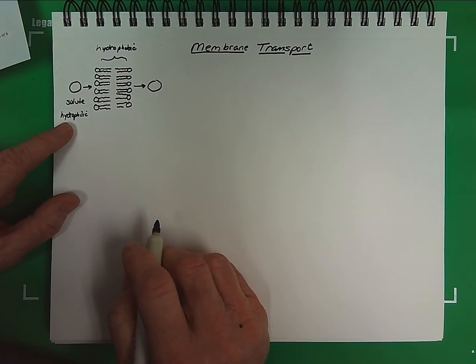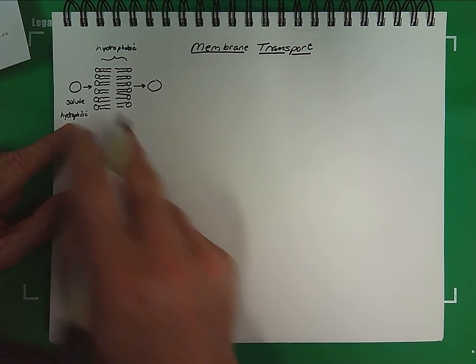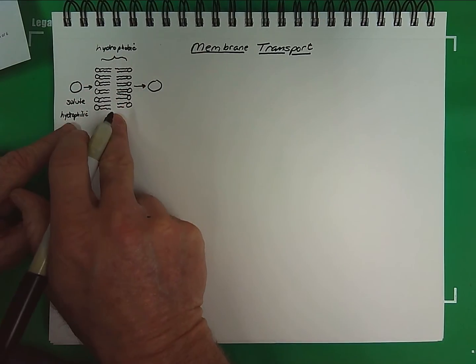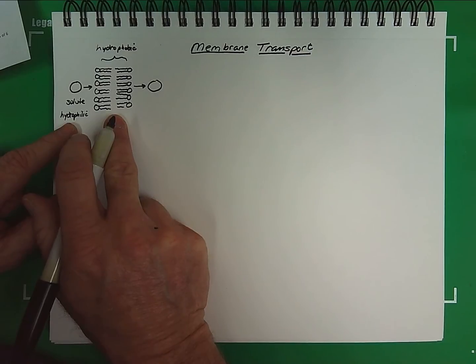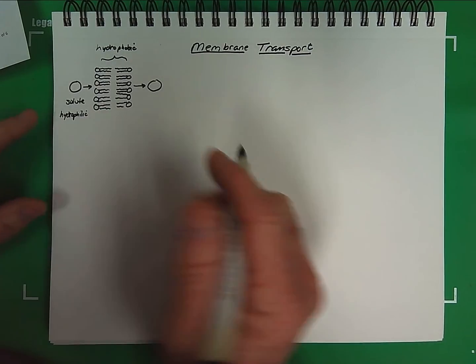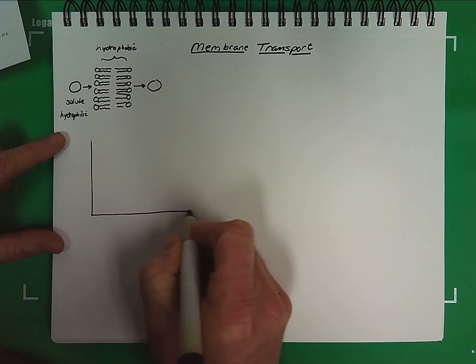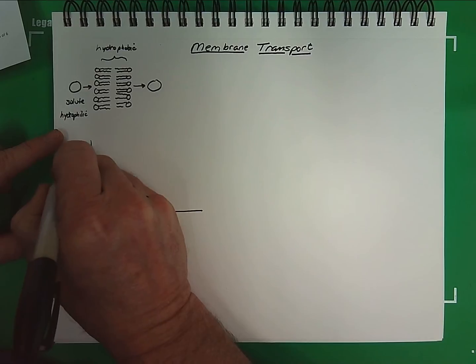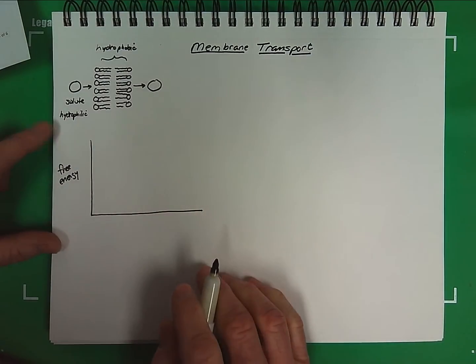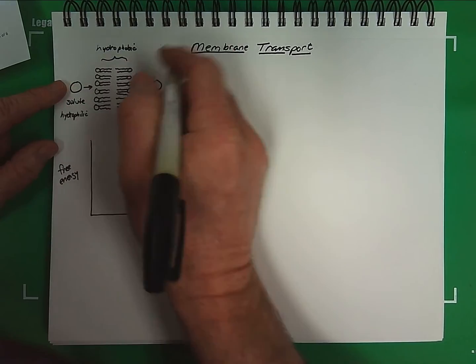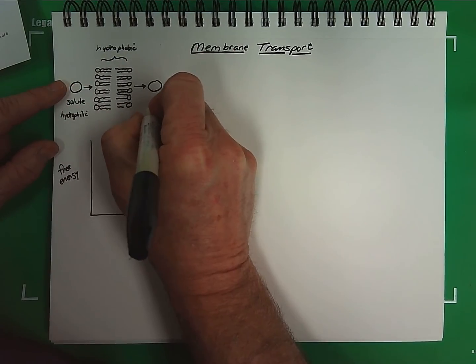So we have a hydrophilic solute that must move across the membrane, and the membrane has a hydrophobic domain. So basically we have a chemistry problem. Now, if we look at the free energy change on this reaction, let's assume that we are going to be moving the solute across this membrane by simple diffusion.